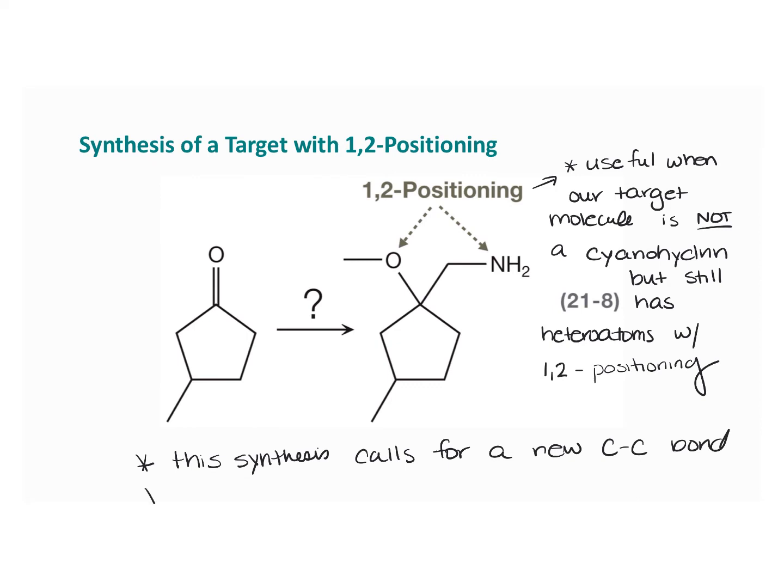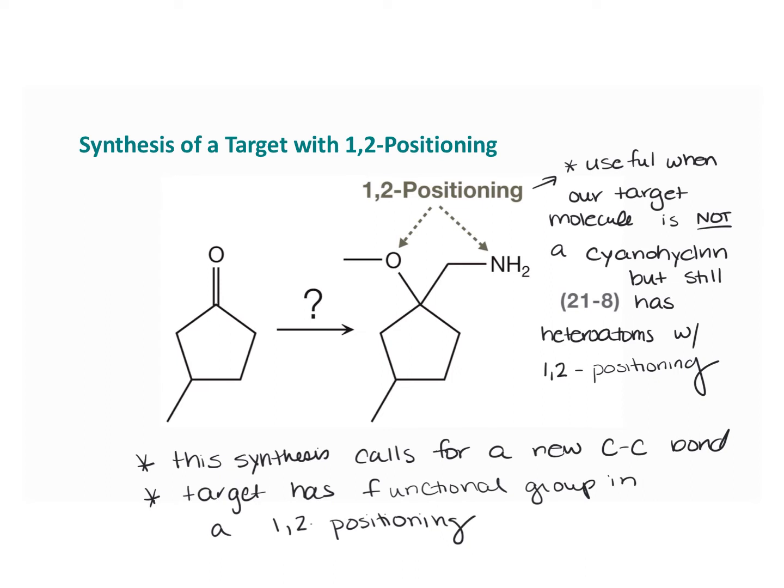Okay, and then we also need to notice the target has functional groups in a 1-2 positioning. Now the nitrogen and oxygen atoms in this have this 1-2 positioning along the carbon backbone. So we should consider a cyanohydrin as the synthetic intermediate.